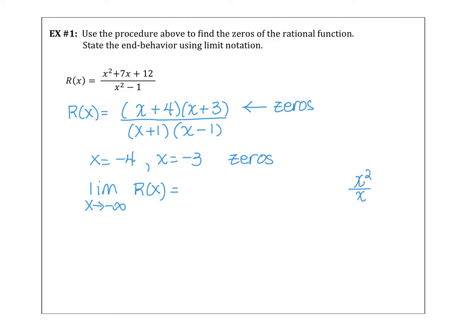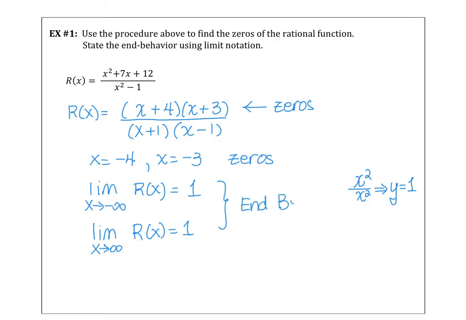If the powers were equal, then you had a horizontal asymptote at y equals 1. So our graph is going to head to 1 on the left and 1 on the right. So these are the rules from the last lesson for the end behavior. We know the zeros and we know the end behavior.